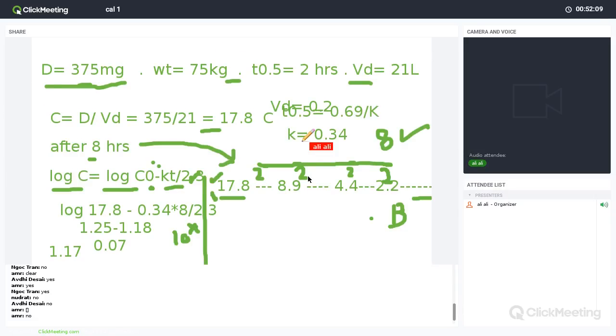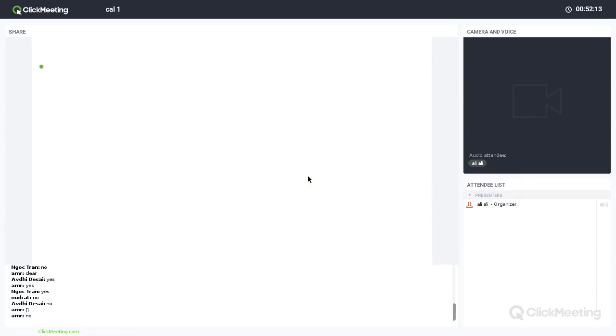We will go back to the previous question. For any question, just imagine the equation for it. C equals D divided by VD. Now he asks about the amount of drug inside the body.